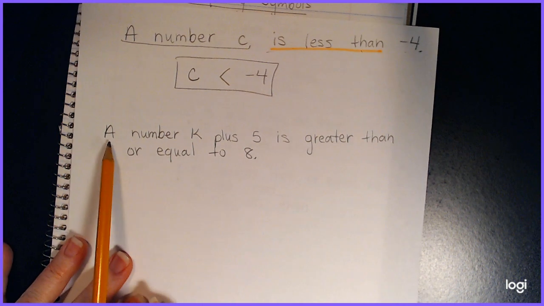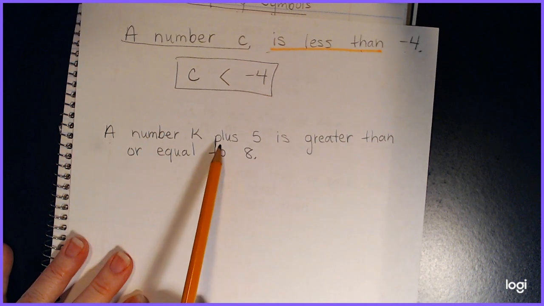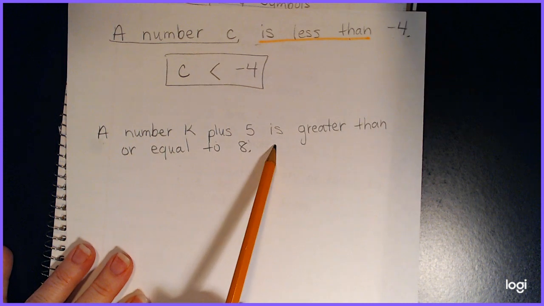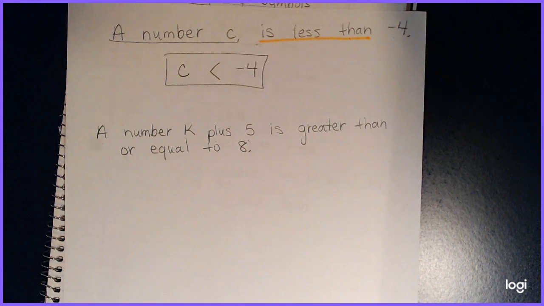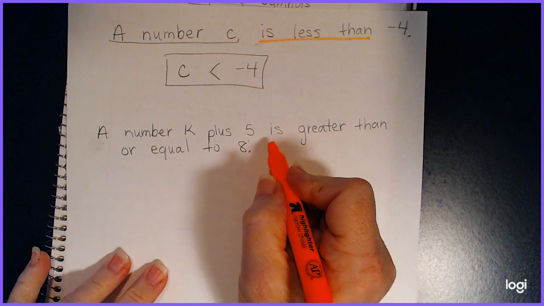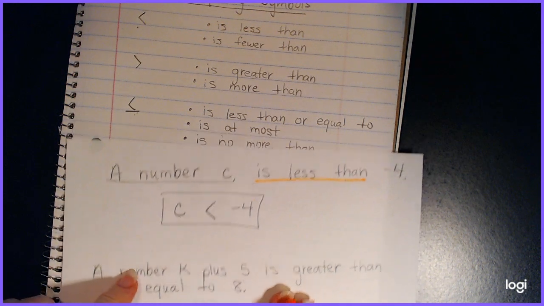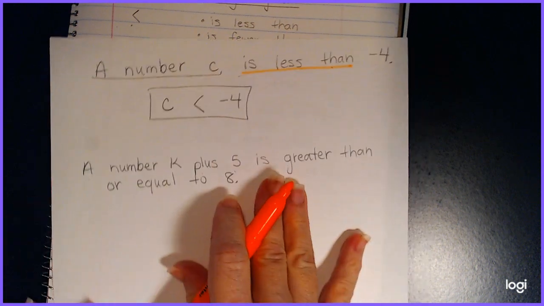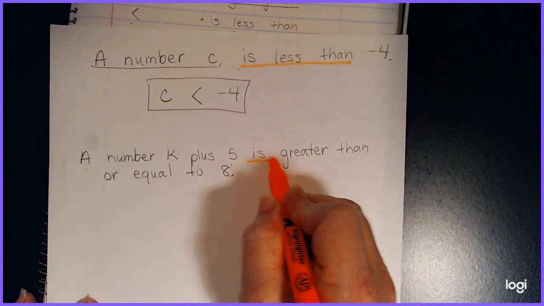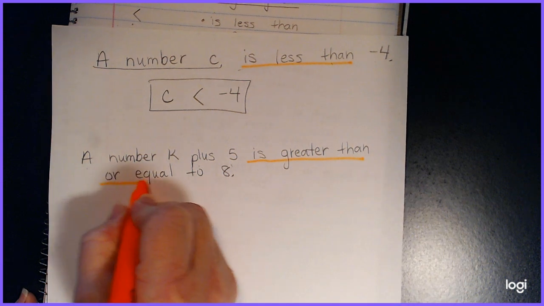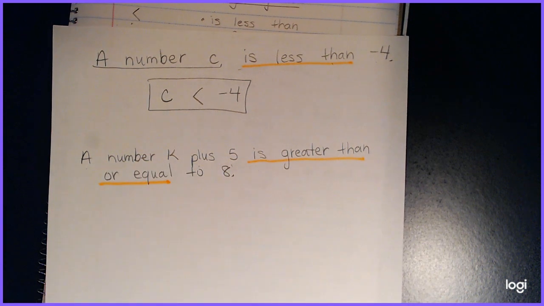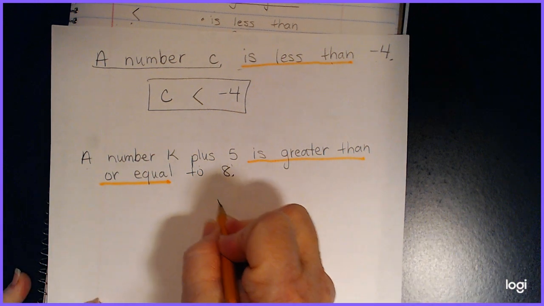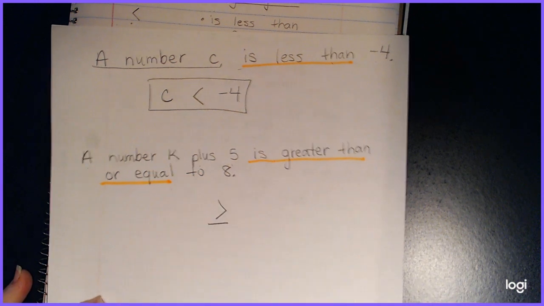The next phrase I have is a number K plus 5 is greater than or equal to 8. Well, here's the phrase that we saw in here, is greater than or equal to. There's the phrase right there. So let's do this. Is greater than or equal to. All right, well, I know that that symbol is this right here, according to my notes, greater than or equal to.